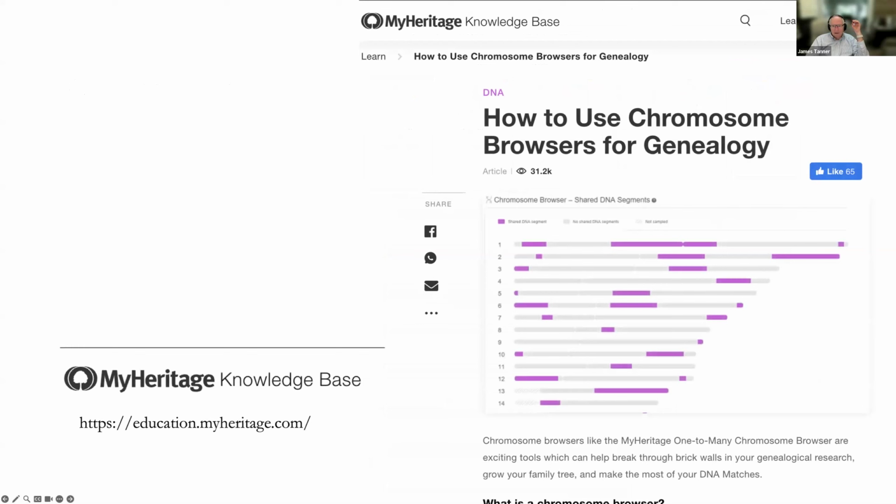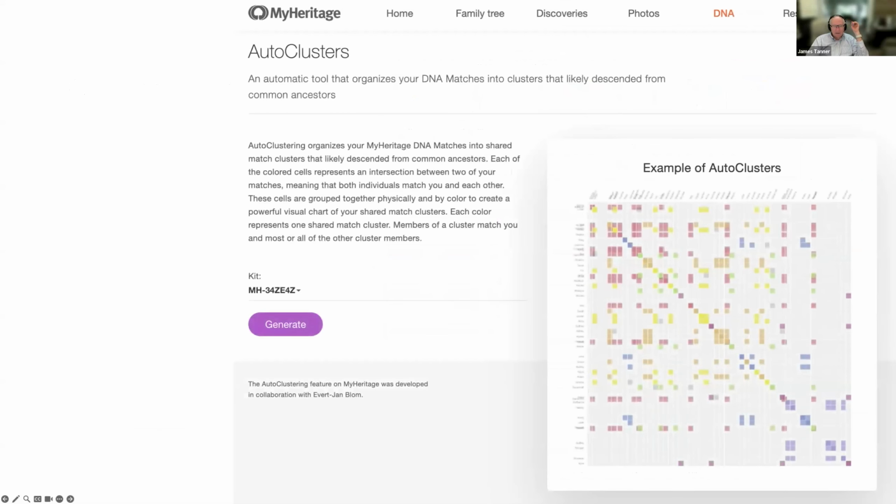So here we are back to the knowledge base, which is a very important thing. Now, one of the things that we are attempting to do with a DNA test is to determine a common ancestor. So you have all these people, and identifying a common ancestor then provides you with a greater base of people in order to move back in time.